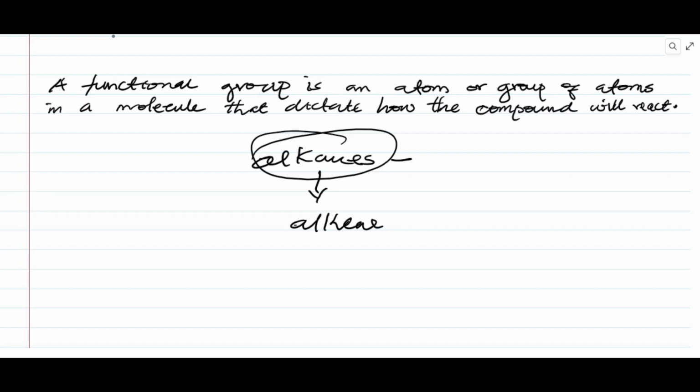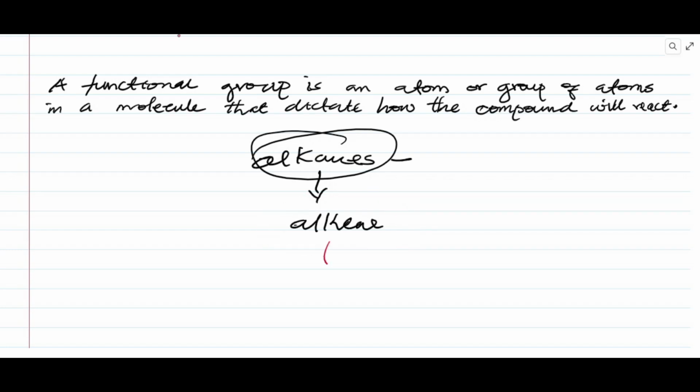So alkanes occur naturally, but when you get them and then you break them down by cracking them, we will talk about cracking very soon. So when you crack your alkanes, you will get your alkenes from them.